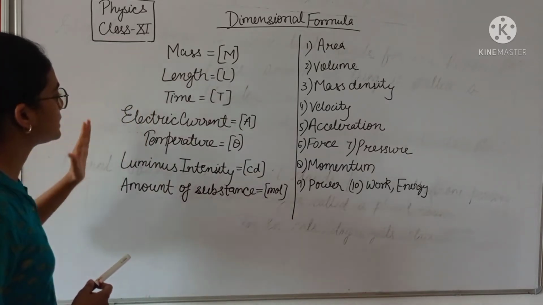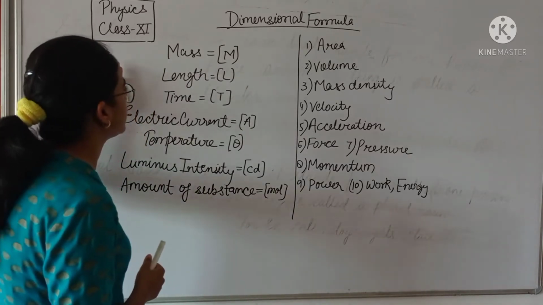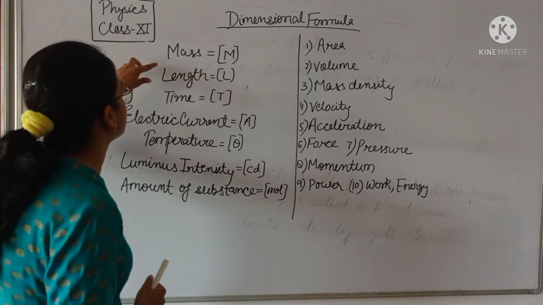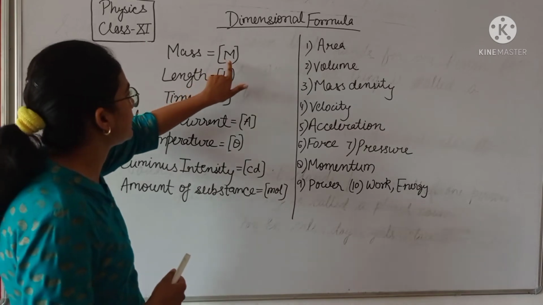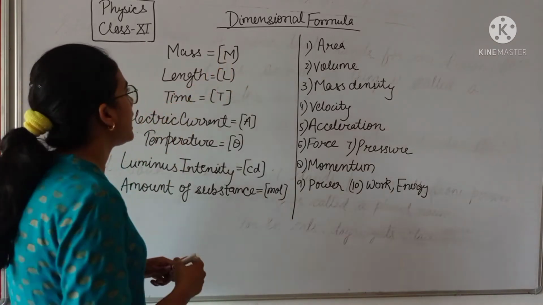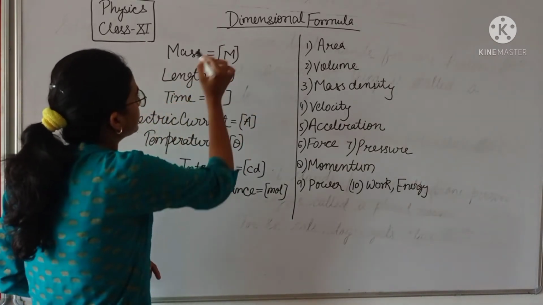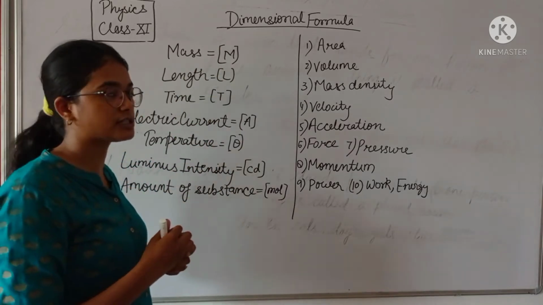These basic or fundamental quantities have dimensions. As you can see here, for mass we write capital M, and we use this square bracket for writing the dimensional formula.